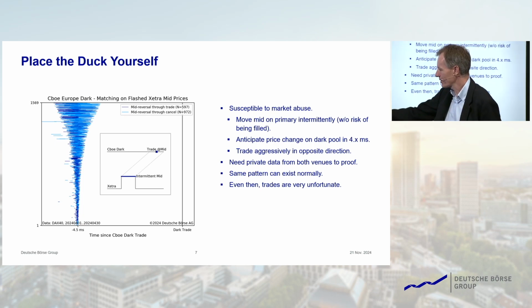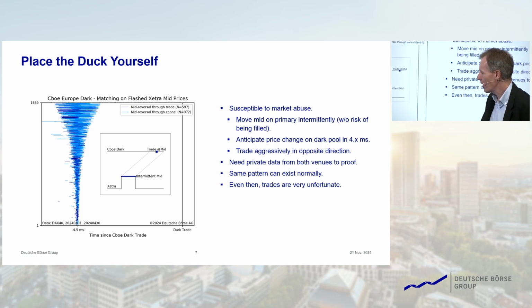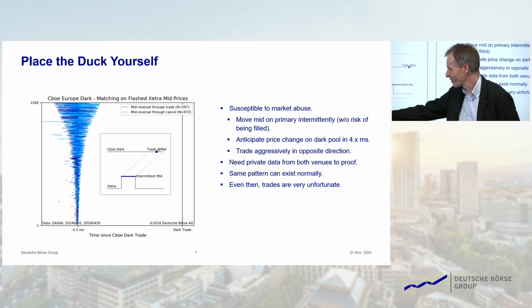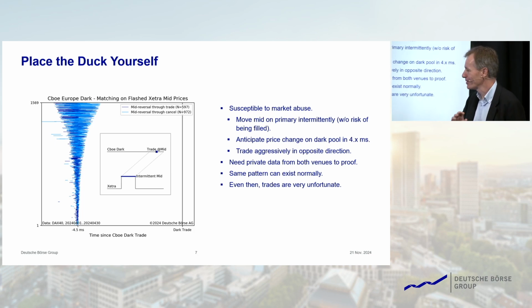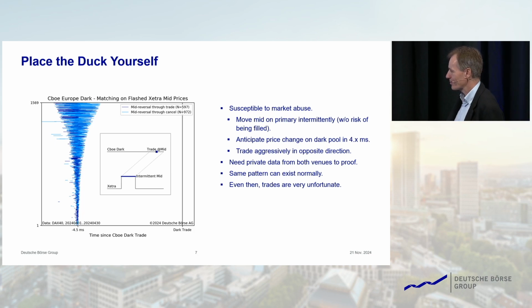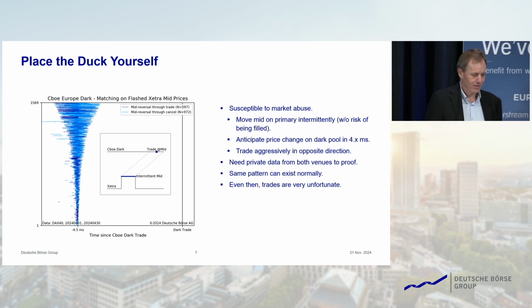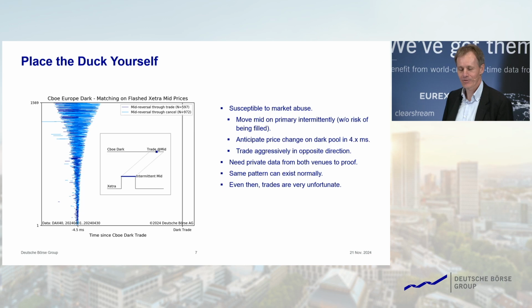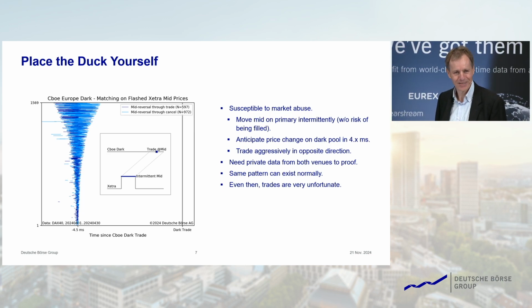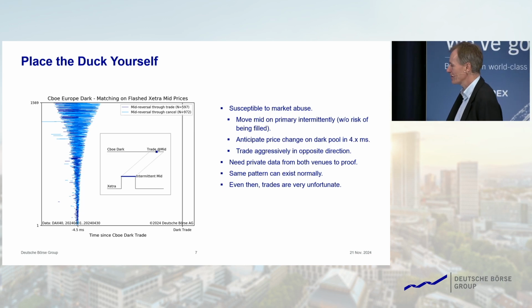And these are now sorted by how short they were. But you see, you have some cases where the price was really only a couple of microseconds different, and then still people got hit on the mid price. And I think this is a bit like filling up your car at the gas station just during these 10 minutes when the price just changed and then came back down.